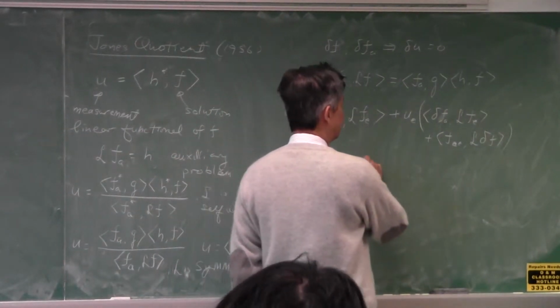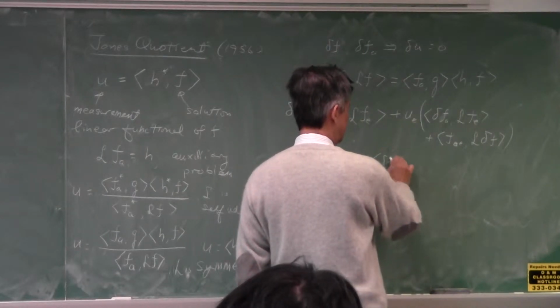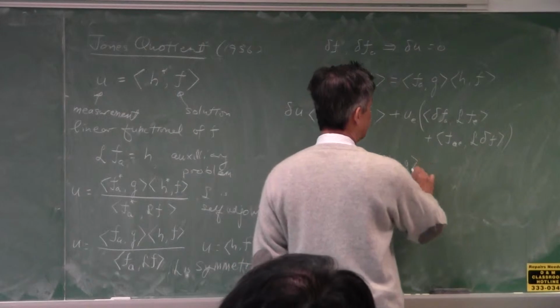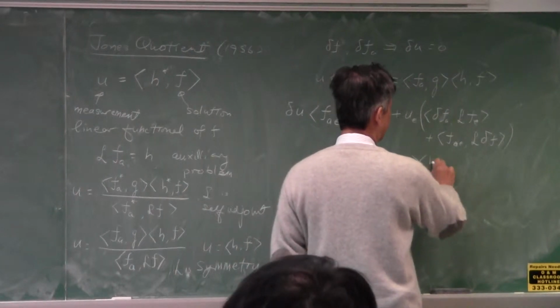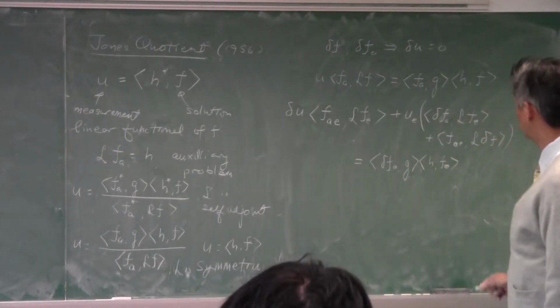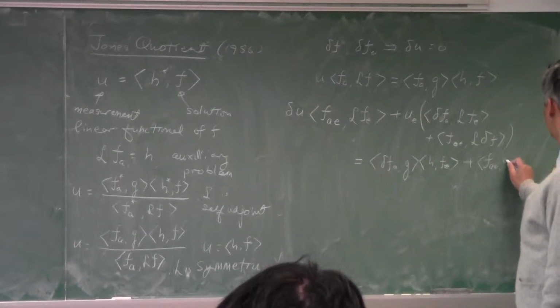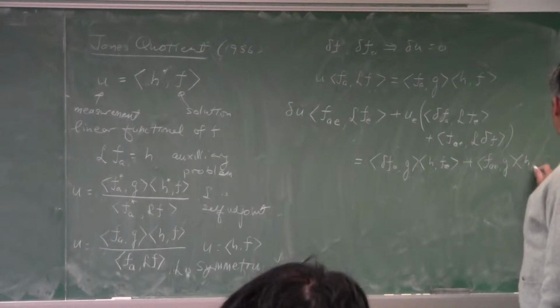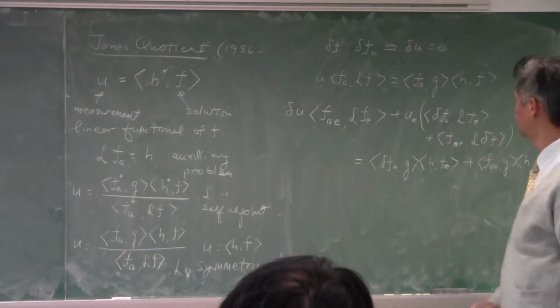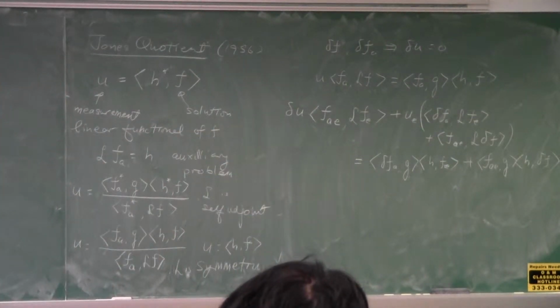Okay, and then the first variation on the right-hand side will be just delta F, comma, A G, H F exact, for the first term, and then F A exact, G, H delta F. Okay, so taking the first variation, I get that.